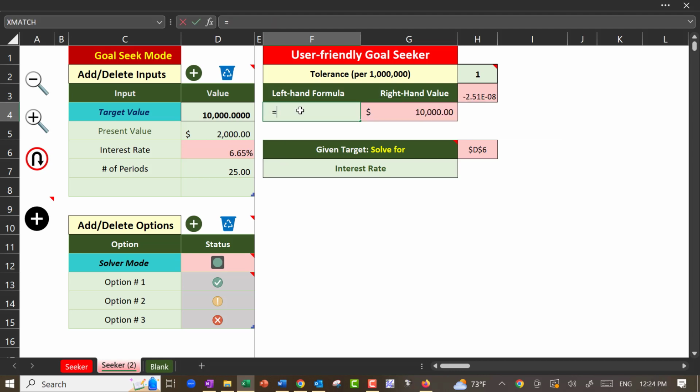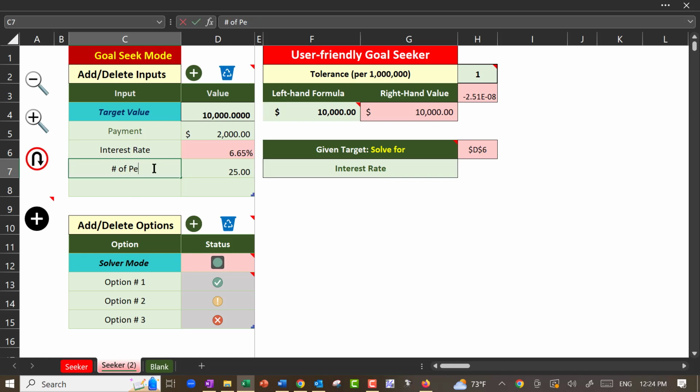Let's call these payment. And let's leave the interest rate, number of years, and number of payments in a year. Those are my inputs. And this list is automatically updated.